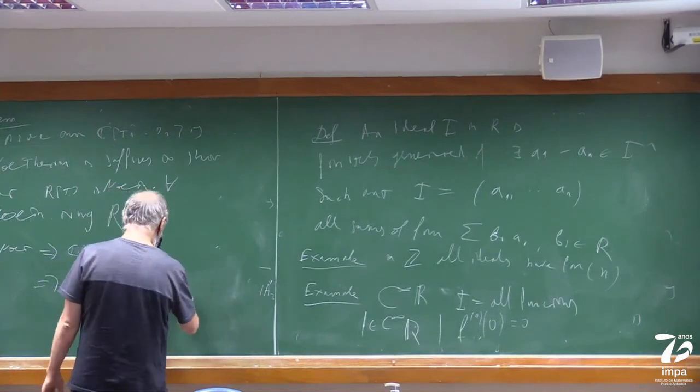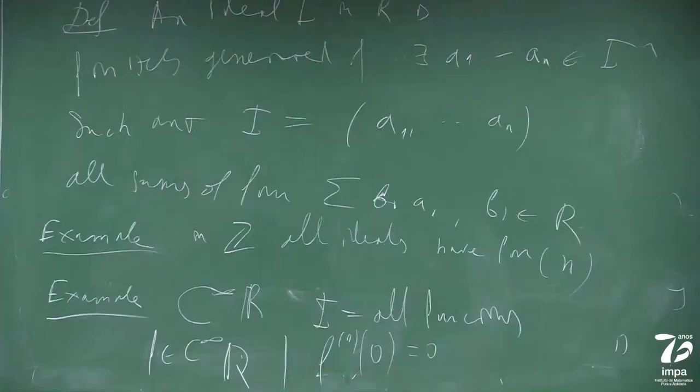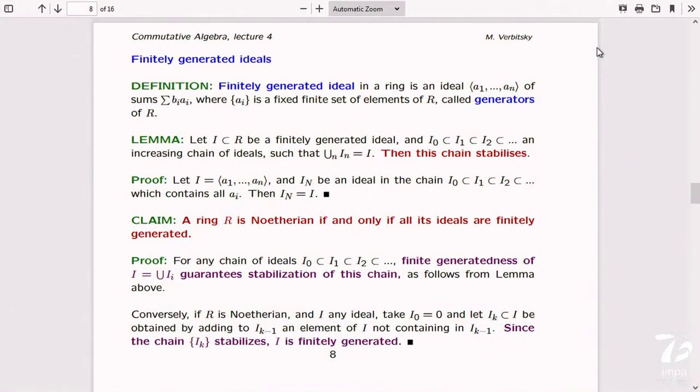And more generally, Noetherianity is a very common property. If you see a ring, you expect it to be Noetherian, and then probably it is. Sorry?